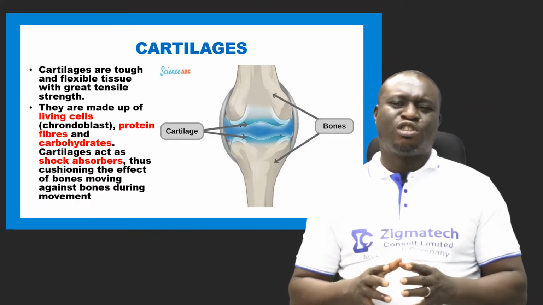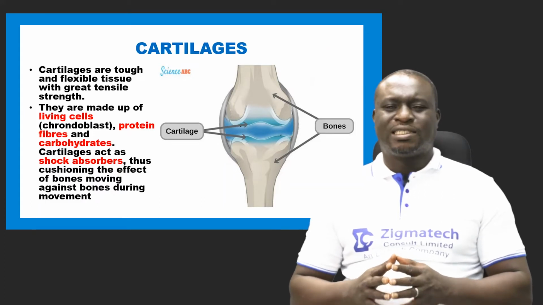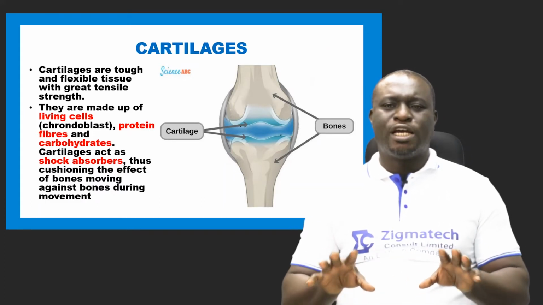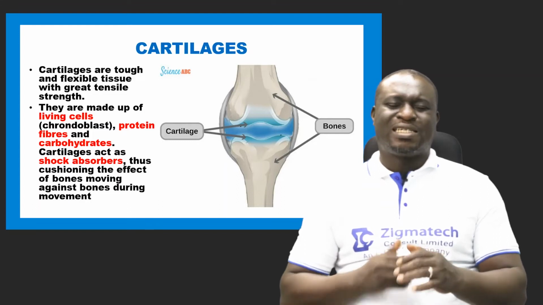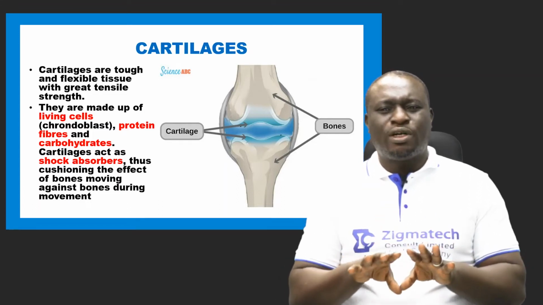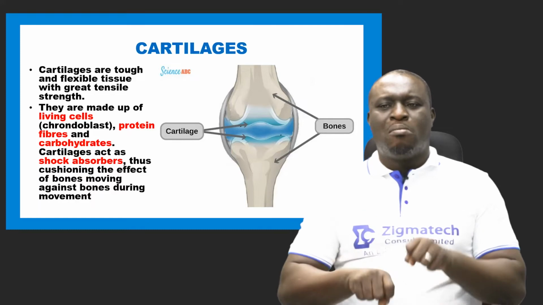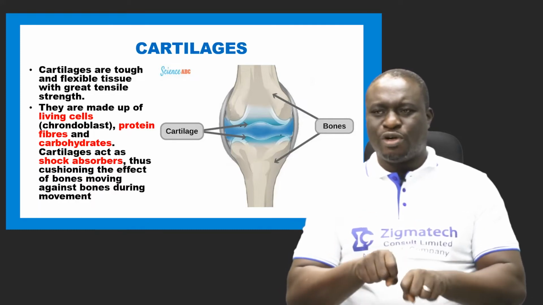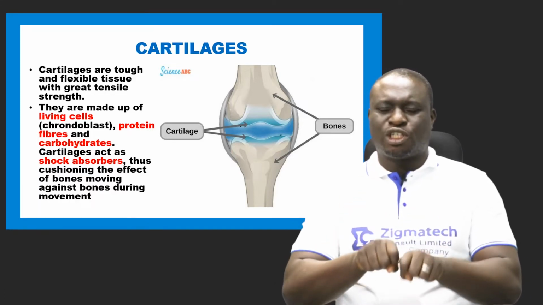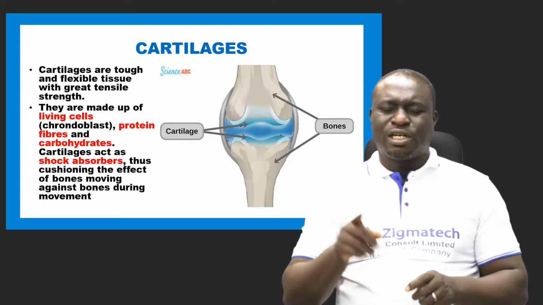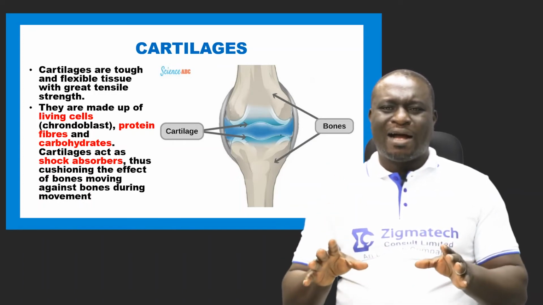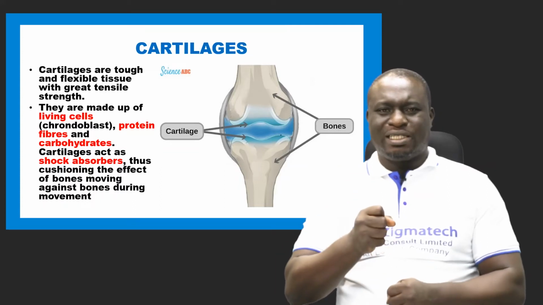Now, one of the major functions of cartilage is that they act as what we call a shock absorber. It simply means that they help to cushion the effects of bones moving against each other during movement, when the bones start crushing each other. As you can see on the structure there, we have bones in a joint.